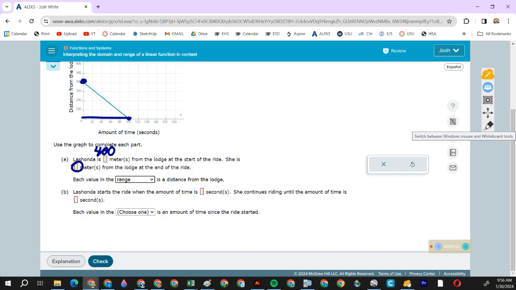LaShonda starts the ride when the amount of time is 0 seconds. And she continues riding until the amount of time is 100 seconds. And each value in the domain is an amount of time since the ride has started. Okay, easy enough?